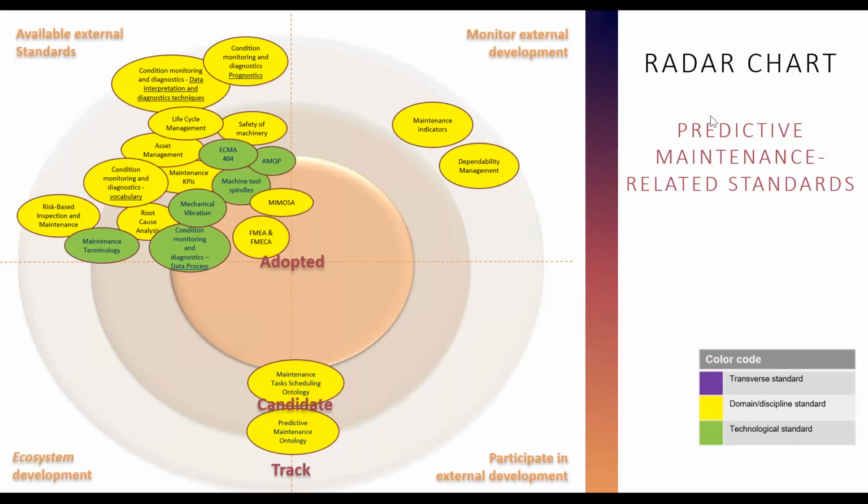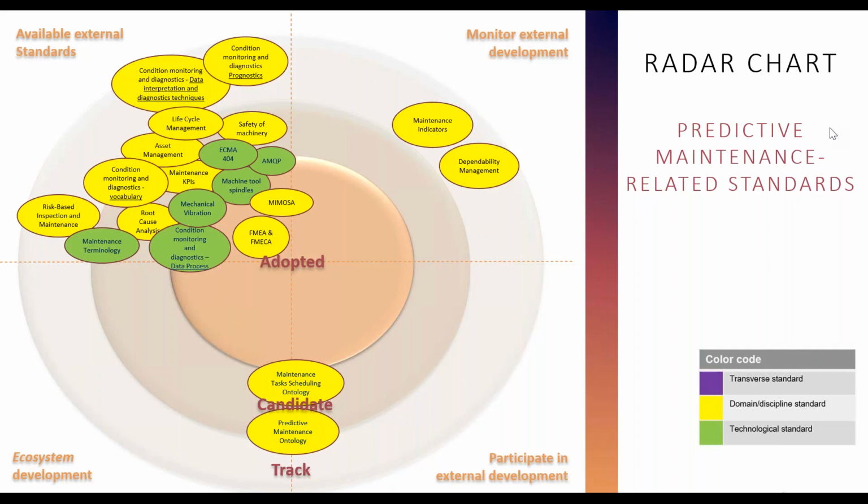And here for the second example, I'm showing you the radar chart for the predictive maintenance related standards, where in specific we analyze the standards that are particularly applied in predictive maintenance.